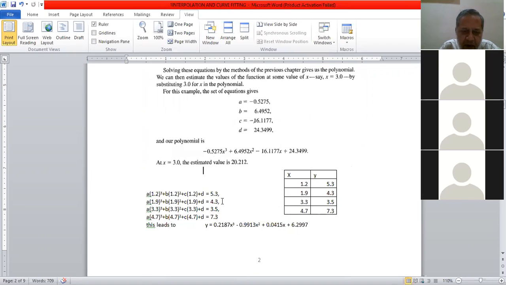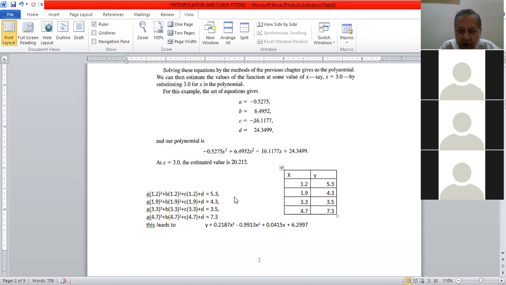A linear algebraic method of doing that is, if you have to develop a cubic, y equals ax cube plus bx square plus cx plus d, then you use x in place of the input and y in place of the output, make 4 equations, and solve those 4 equations linearly to obtain the values of a, b, c, and d, and write down the cubic polynomial. This can be done for any number of points.